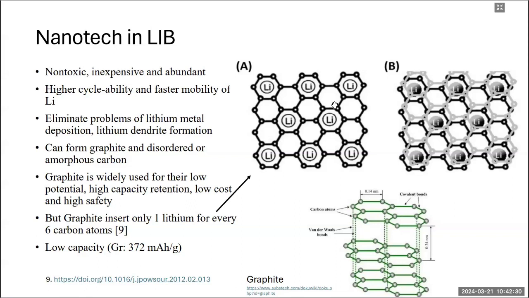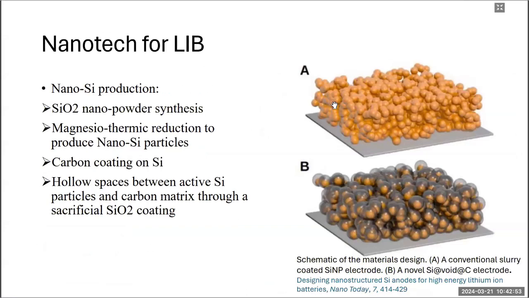But it's very stable because it has the place to keep the lithium inside without even expanding because it has already the space. That's why this carbon or graphite is very, very stable, but it is not very good in capacity.